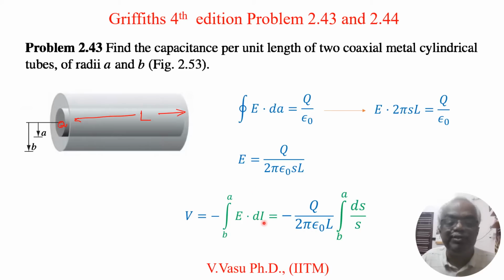Then s is the only variable. Normally the definition is from plus infinity to a, so we take the longer distance as the lower limit and the shorter distance as the upper limit. So this will be from b to a, integrating ds over s.